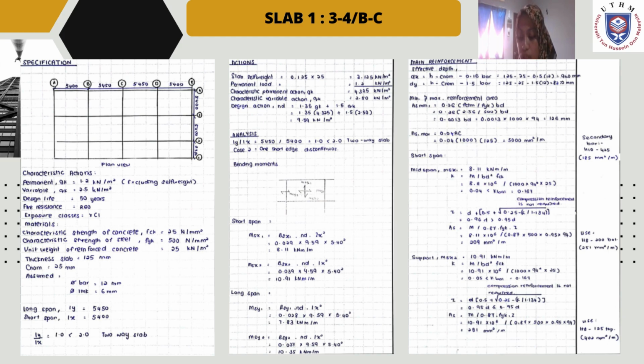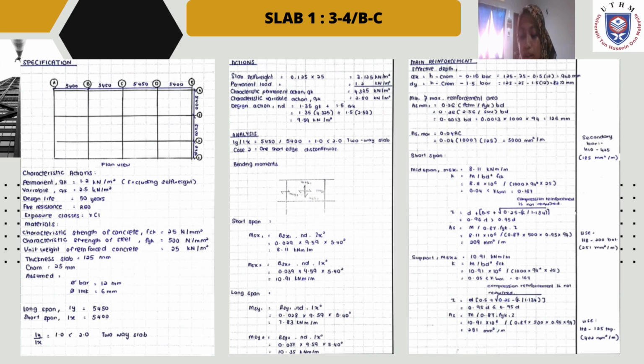And for our bending moments, we have two spans, which are the short span and the long span. In the short span, we have two values, which are 8.11 kilonewton meter per m and 10.91 kilonewton meter per m. At our long span, we have 7.83 kilonewton meter per m and 10.35 kilonewton meter per m. These values are actually the midspan and support values.